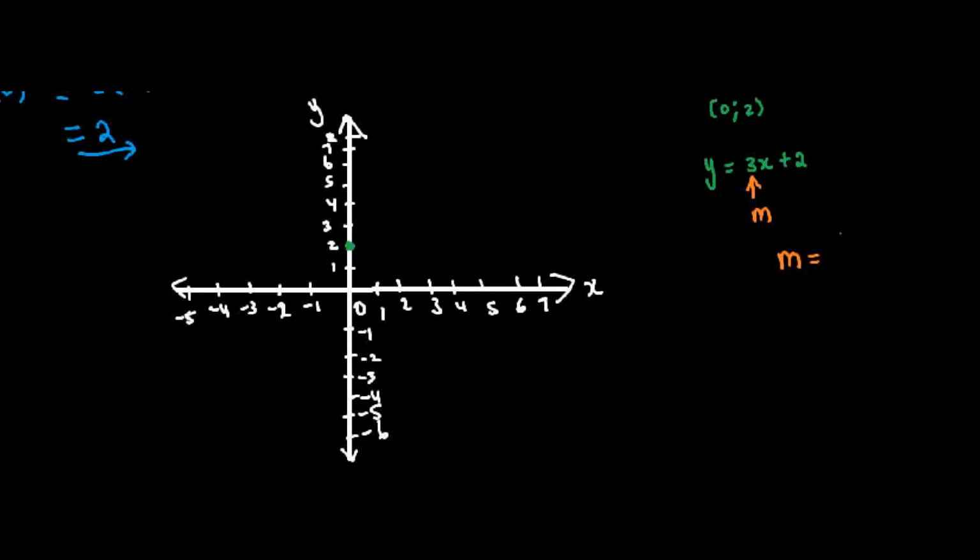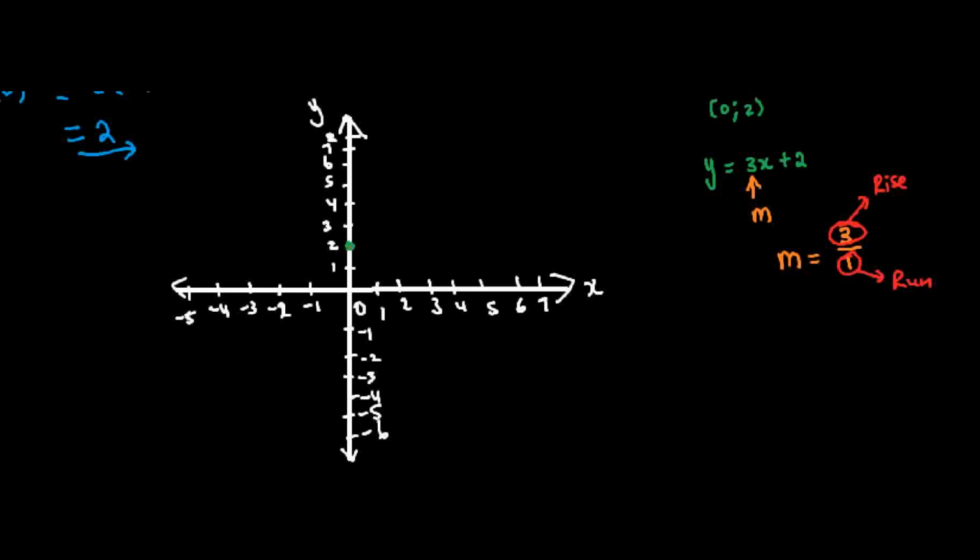It is 3 over 1. So 3 represents our rise, whereas 1 represents our run. Remember, the denominator represents the change in x. As the x values increase by 1, the y values increase by 3.